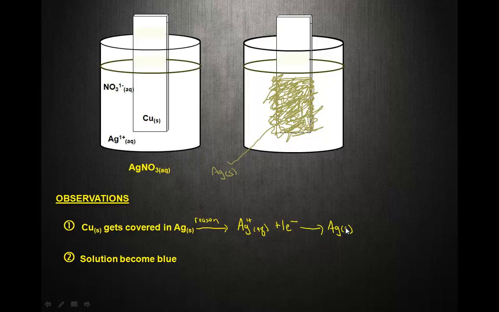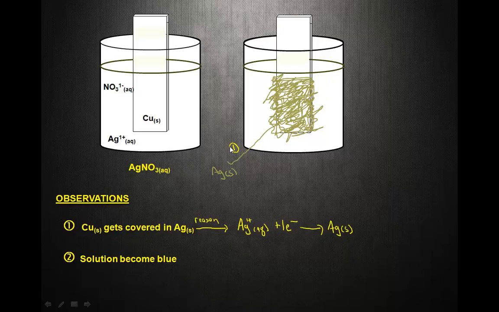So there are fewer Ag pluses inside this second beaker here than there were when we started, because some of the silver Ag plus is now Ag solid. So this is what's happening in number 1.